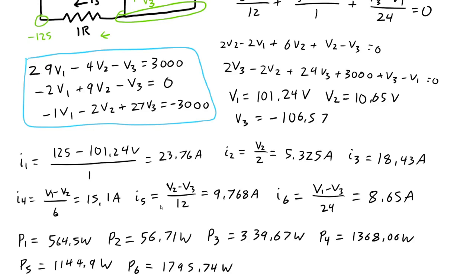Okay, so first I'm going to add up all those results to save a bit of time later. 564.5 plus 56.71 plus 339.67 plus 1368.06 plus 1144.9 plus 1795.74.